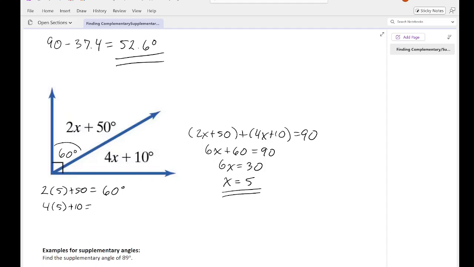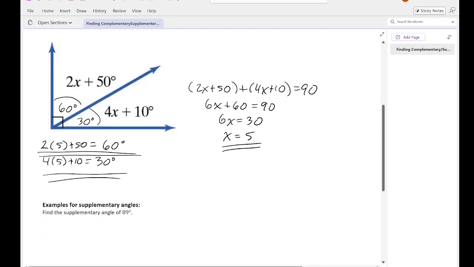I'm going to get 30 degrees. So this is 30 degrees. Technically, you could have found it just by taking one angle and subtracting it from 90. But it's not that big of a deal just to work it out and see it in action. But there you go. Very simple way of finding complementary angles.